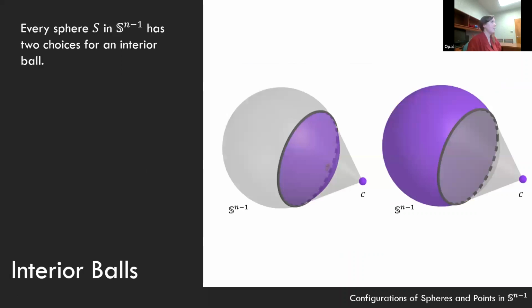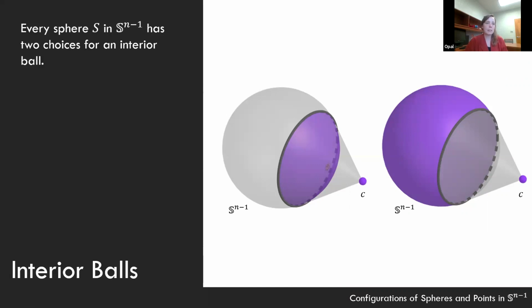So from here, it's a pretty clear-cut direction towards looking at spheres and points on the n-1 sphere from that hyperbolic space statement. The only thing I haven't really mentioned much of at this point is what to do with the interior balls that go with these spheres.